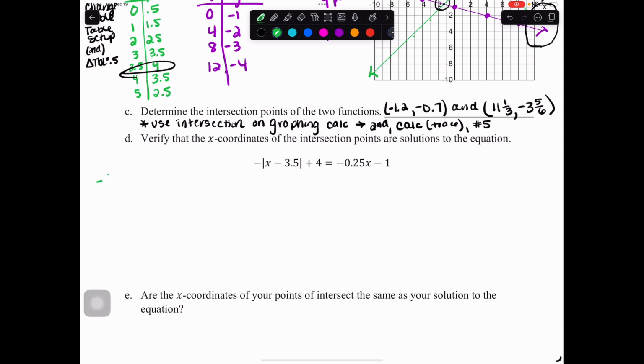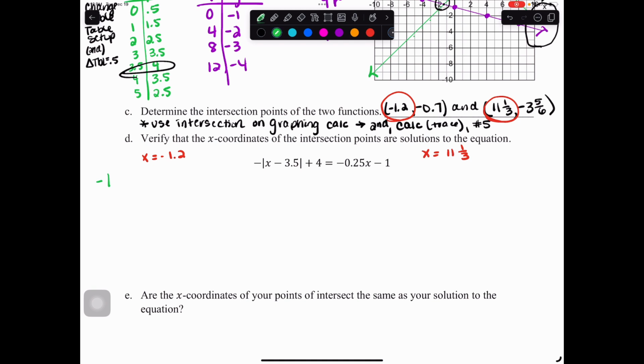So we start out by writing the original equation. I already typed that there for you, so you can just start filling in. So we're going to have negative, and then in the first one, remember, we're only concerned with the x values. So let's go up and make sure we notice that. We really care about the x values. So we think our solutions are x equals negative 1.2. We're going to check that one. And we think x equals 11 1/3.